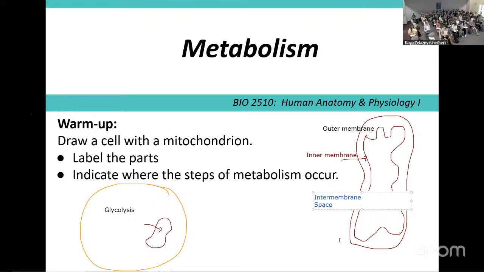Okay. And then on the very inside, we have our mitochondrial matrix. Okay. So when we are thinking about the Krebs cycle, we should have happening here in the center in the matrix, the Krebs here.